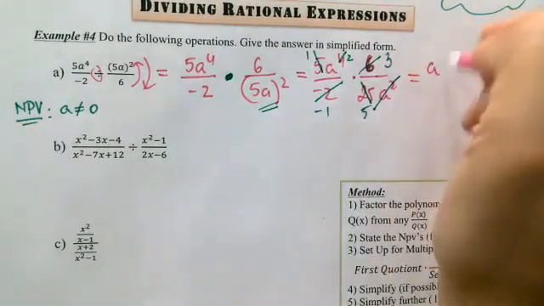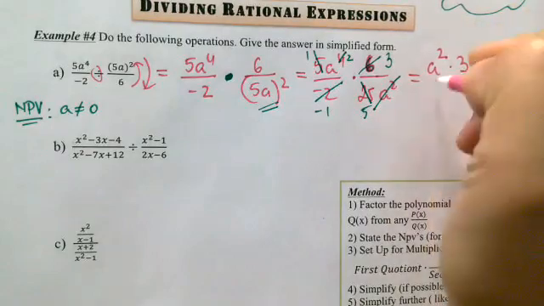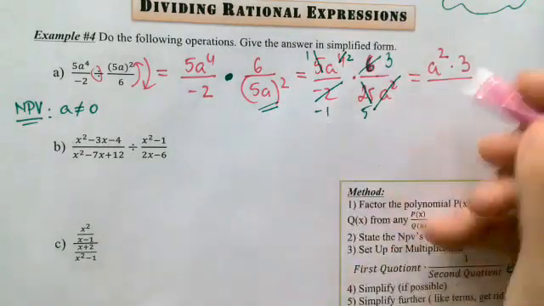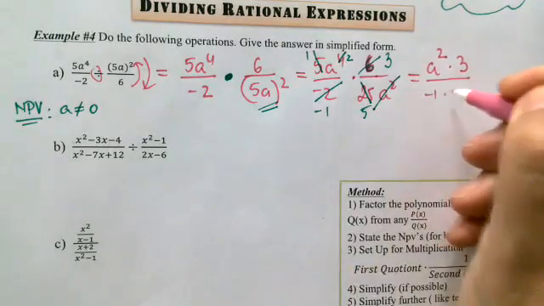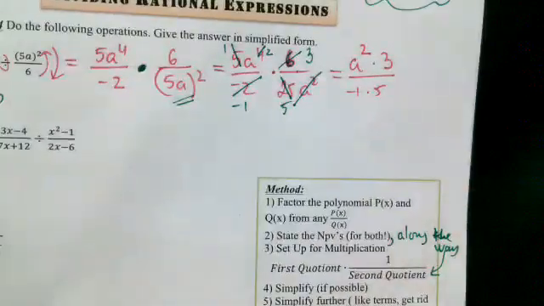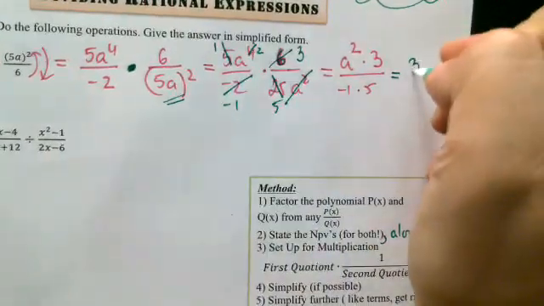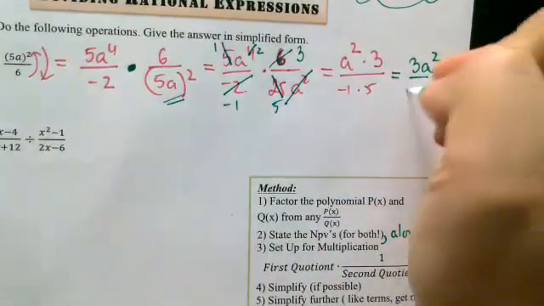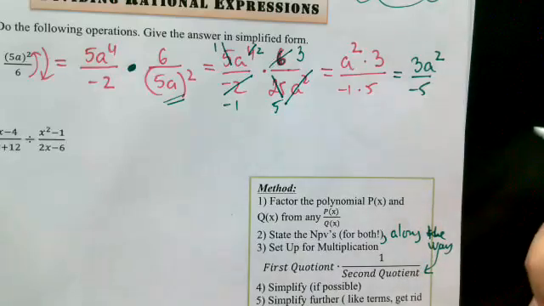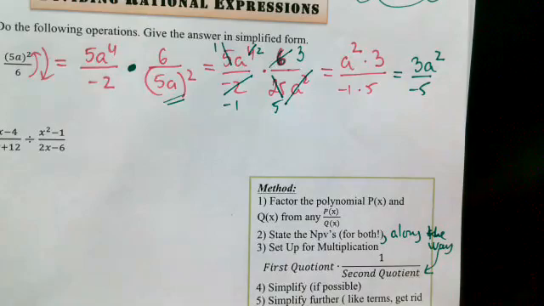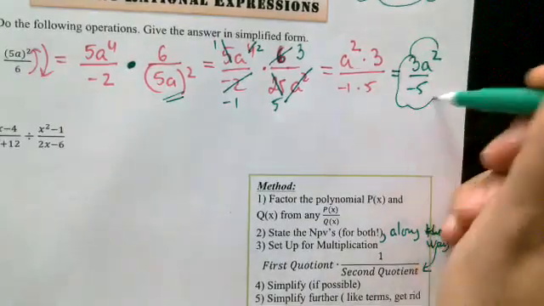We have a squared times 3 over -1 times 5. Now let's rewrite it nicer: 3a squared over -5, or -3 over 5 times a squared. There are a lot of different versions again of the same thing.